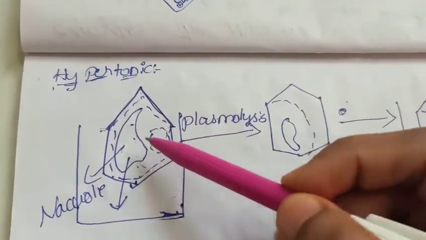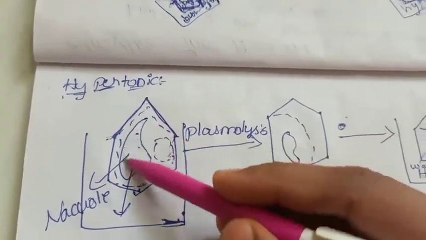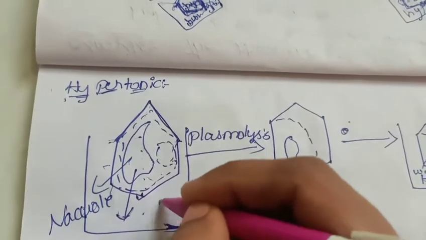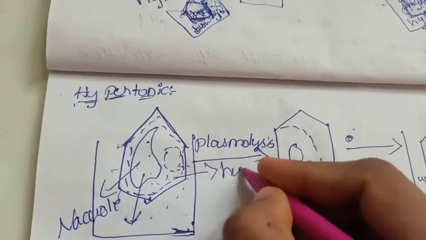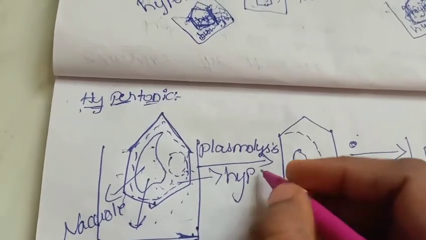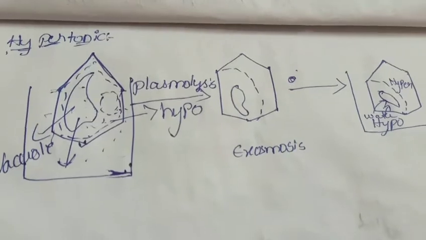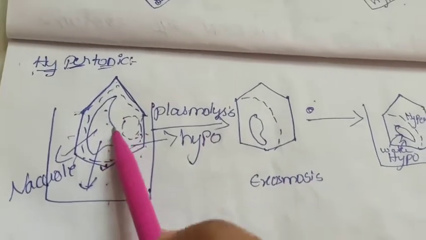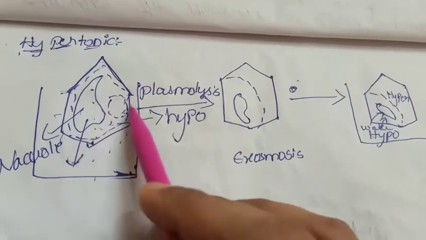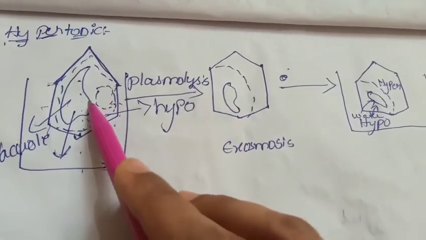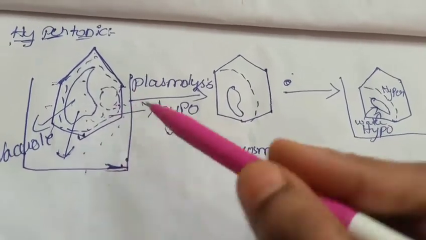It has a vacuole, and the concentration which is inside the cell is hypotonic. This is about the hypertonic solutions in the plant cell. The concentration outside the plant cell will be hypertonic, and the one inside will be hypotonic.